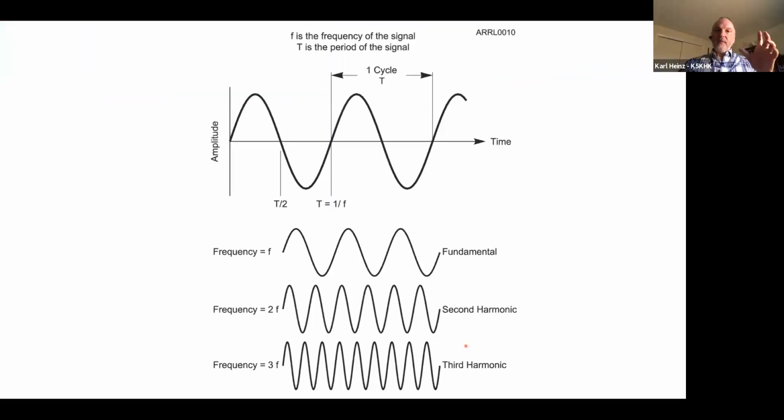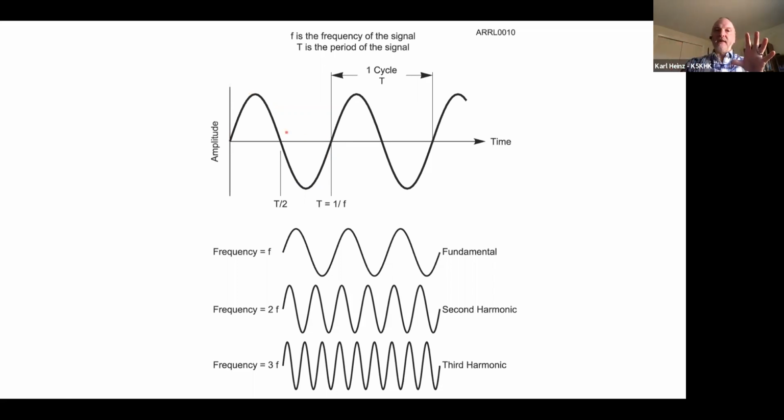So again, we have the amplitude, which is how tall that wave grows. We have the frequency, how many of these up and down movements we have within one second.